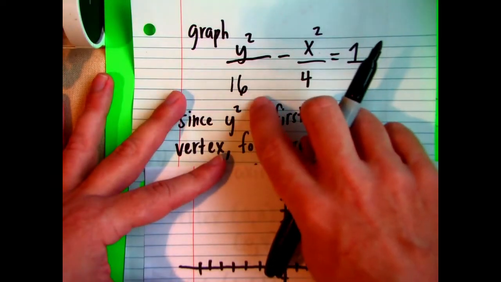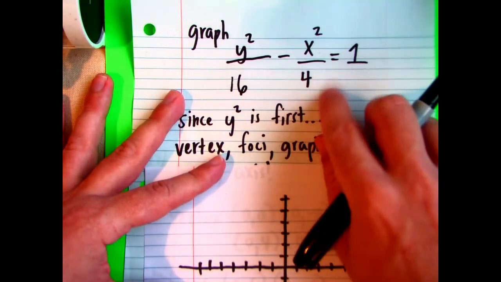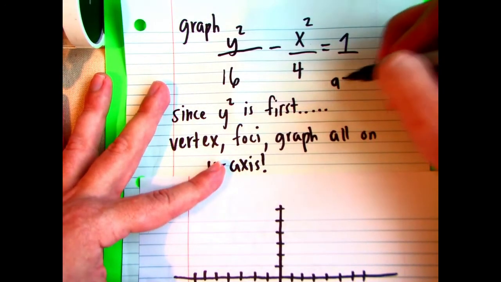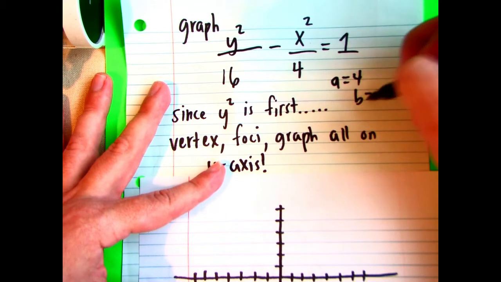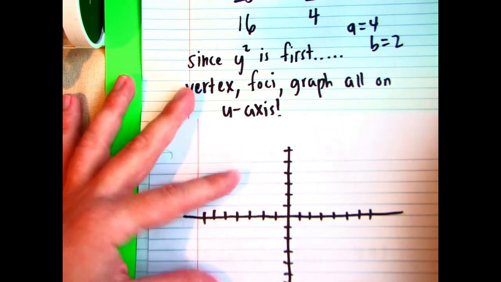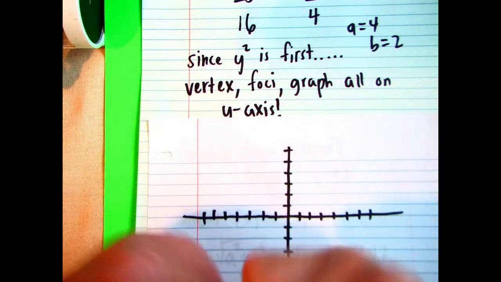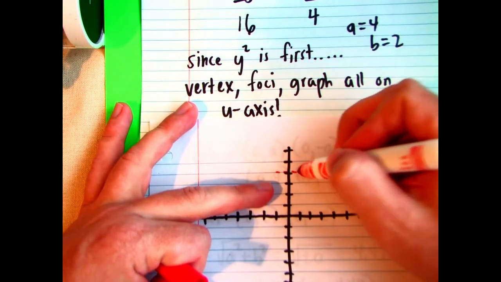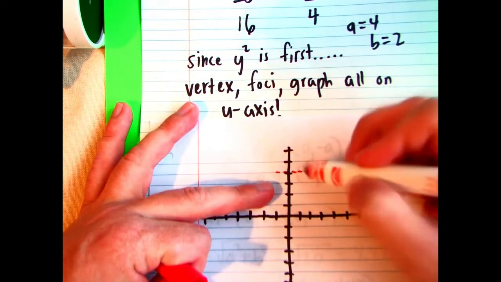So that's a little bit different than before. My a value is 4, my b value is 2. But now my rectangle is going to have a height of 2a and a width of 2b.